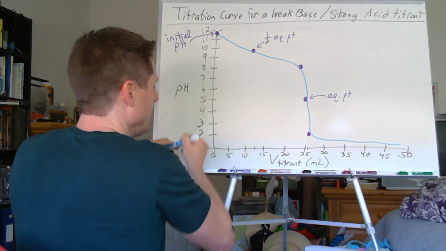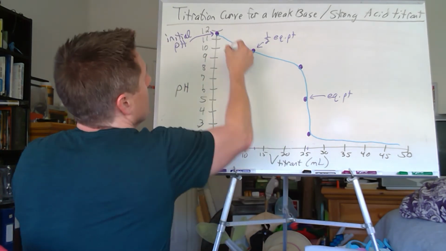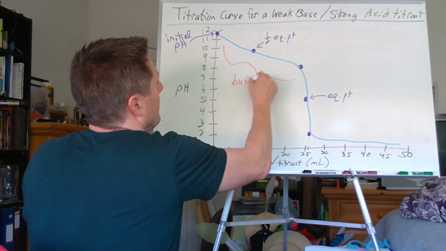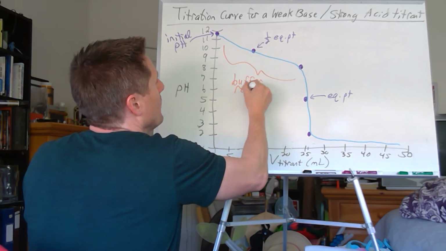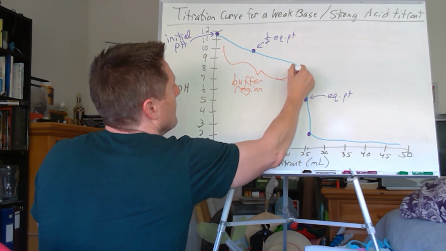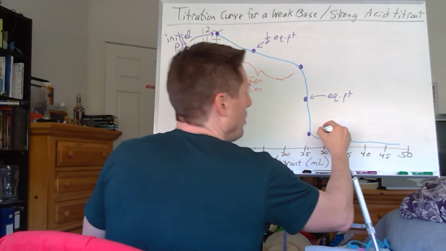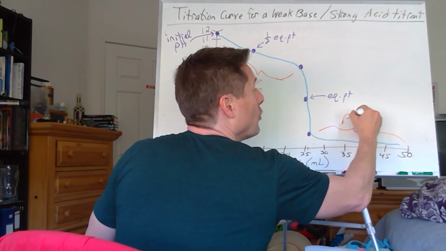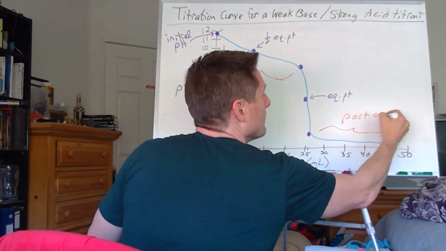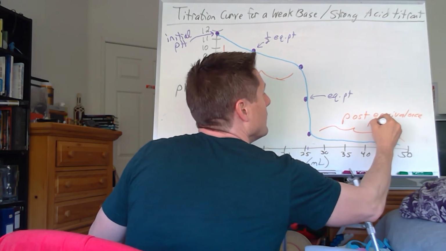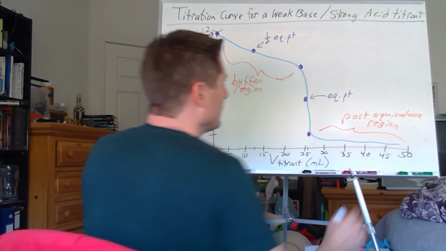This here is our buffer region, where we have the leftover weak base and the conjugate acid that forms. This is our post-equivalence region, leftover strong acid. There's our equivalence point.